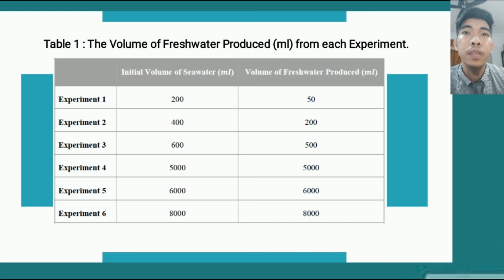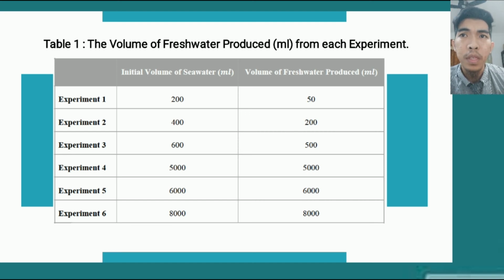Even though the volume of 1 liter of seawater was not tested, I can conclude that from FYP1, where we used less than 1 liter of seawater, the amount of fresh water produced was below the initial seawater used at the beginning of the experiment.